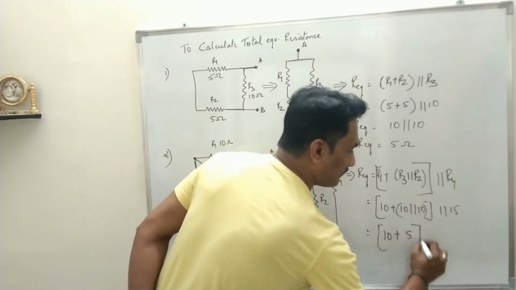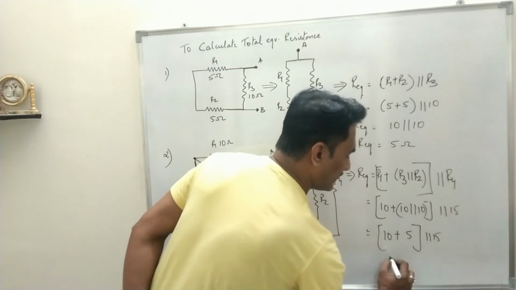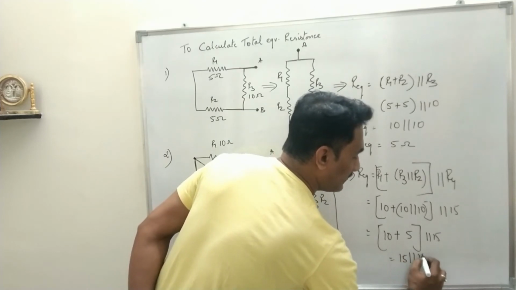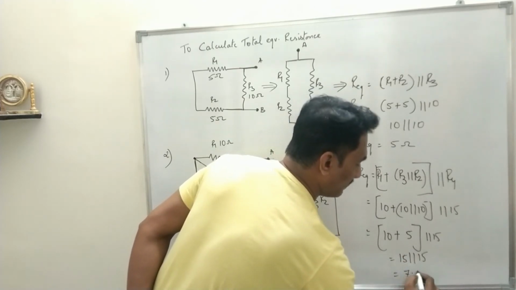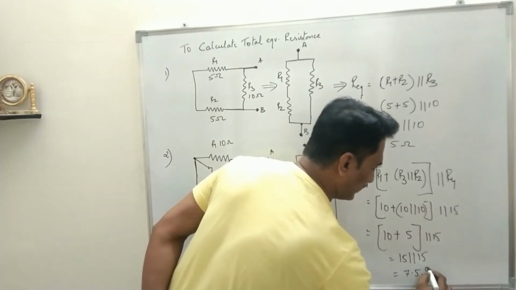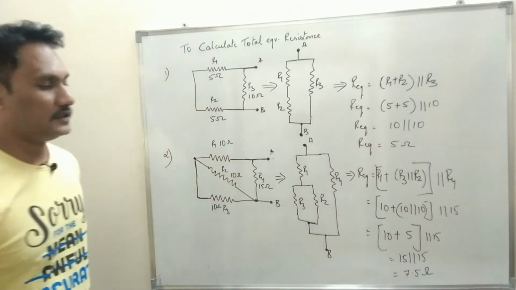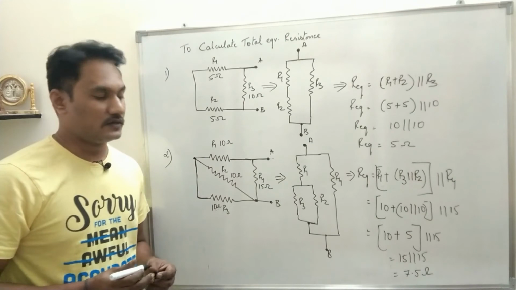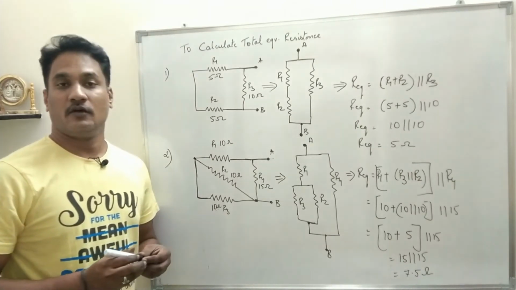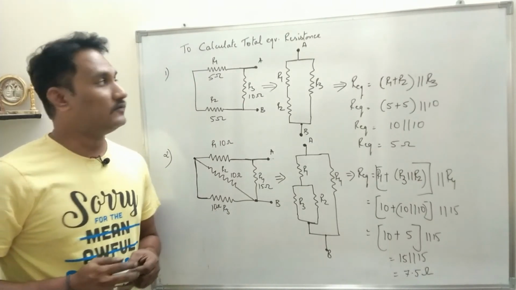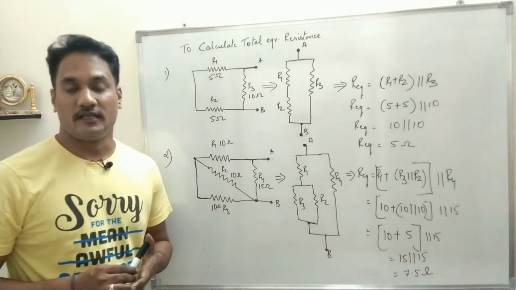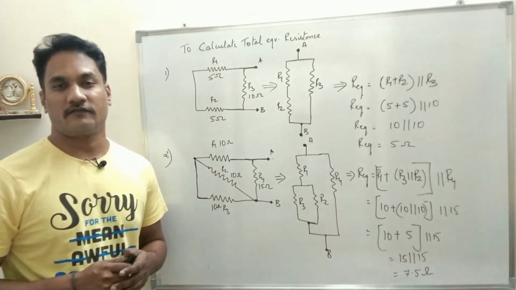So 10 plus 5 parallel 15. That means 15 parallel 15, the value becomes half, that will be 7.5. The unit of resistance is ohms, so it will be 7.5 ohms. So this is how we will calculate the total equivalent resistance of the circuit.